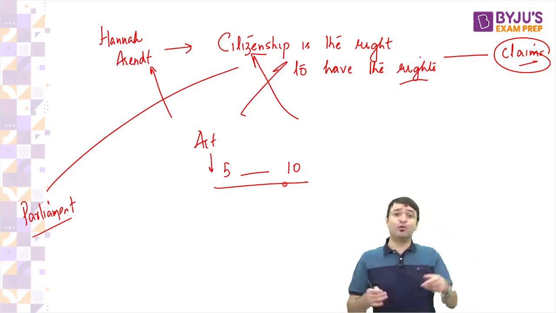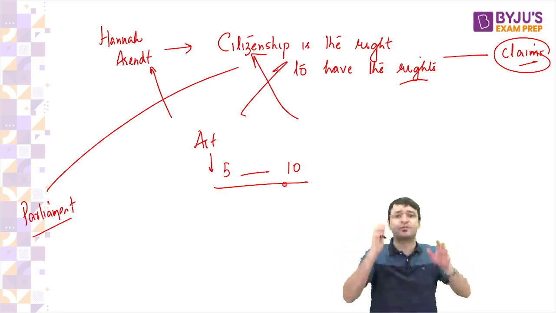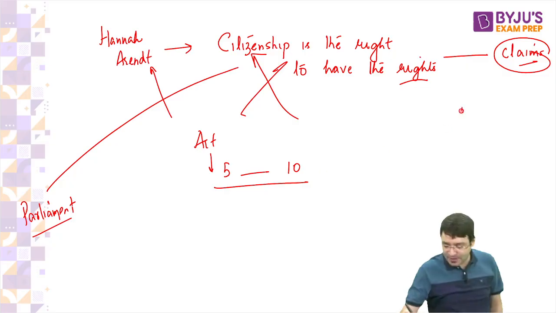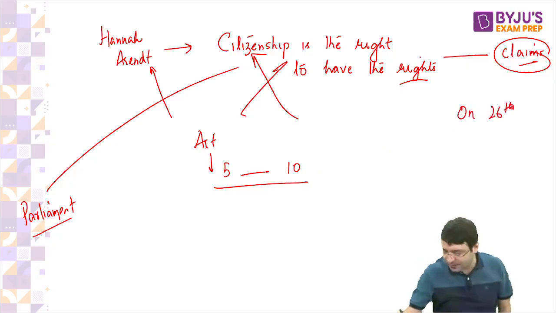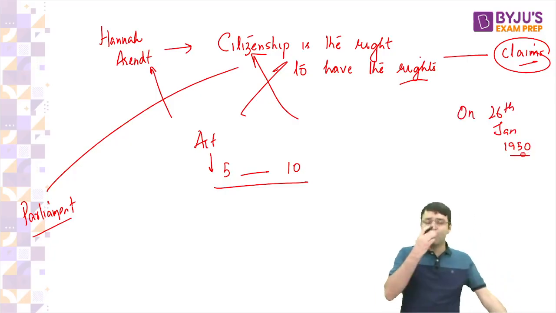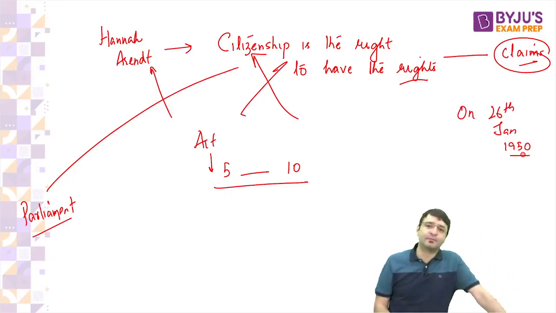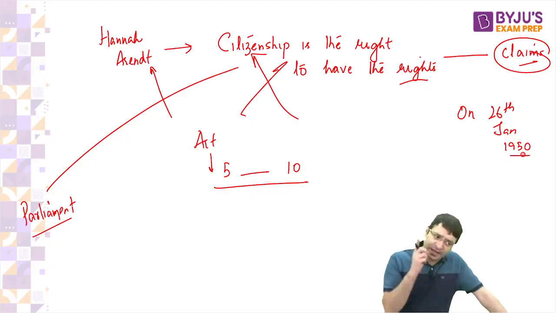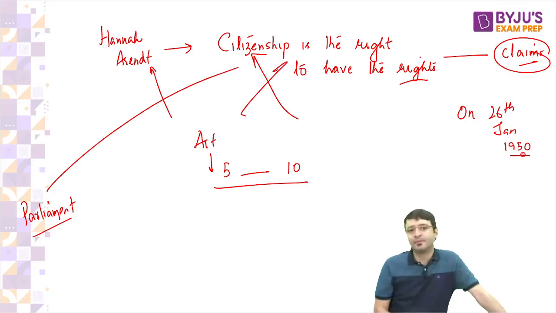They talk about who is right now the citizen of India. Which means on 26th January 1950, who all are the citizens of India? So that we can identify them, we can give them benefits, we can give them their rights.